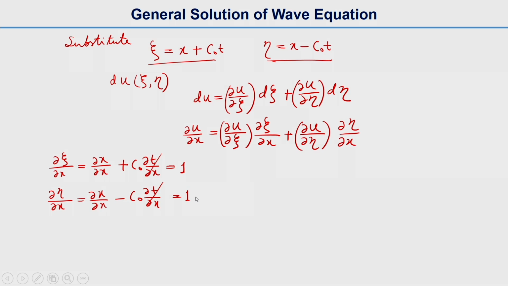So, both of them, if we take the partial derivative with respect to x, will give us 1. And then we want to have the second partial of displacement with respect to x.